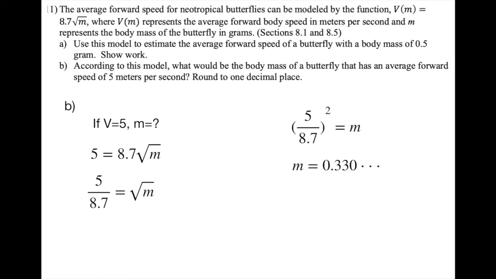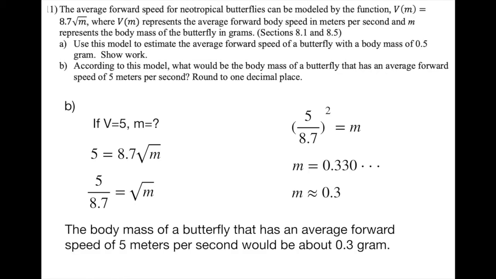And your calculator will tell you that answer should be 0.330 and so on. So if you round to one decimal place, that would be just 0.3. So the body mass of the butterfly that has the average forward speed of 5 meters per second would be about 0.3 gram. So that's the conclusion for part B.